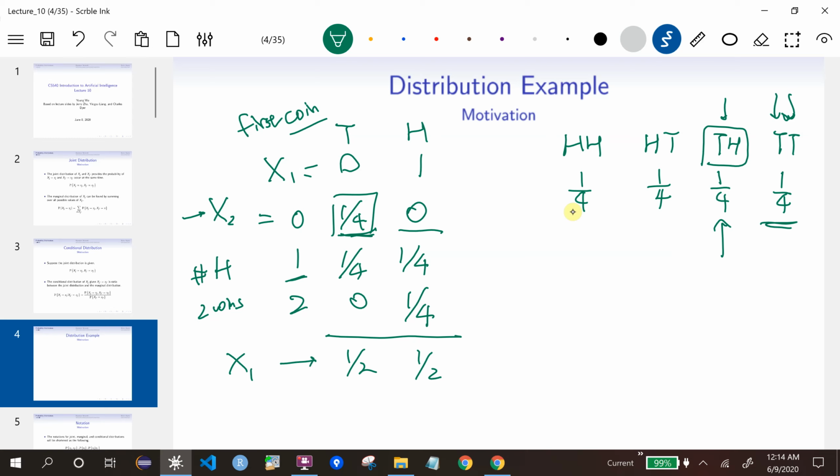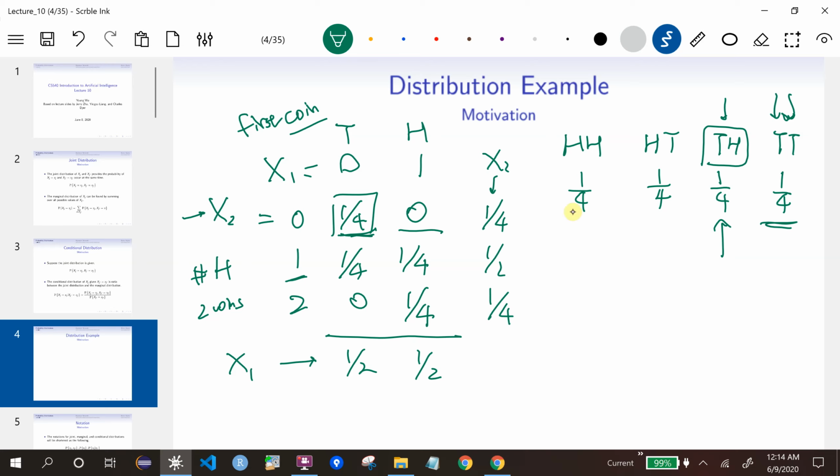In particular, the probability x1 is 0 is a half, and 1 is a half, which is right, since it's only the first coin. And if we want the marginal for x2, then we sum up over the rows. So basically the distribution of x2 is most likely to be that there's one head, which should be the case.